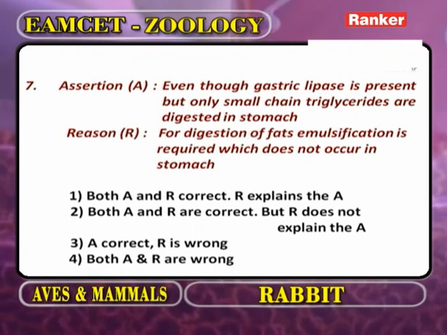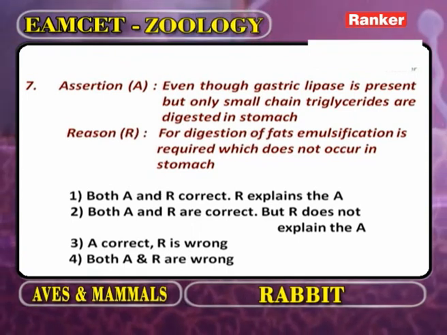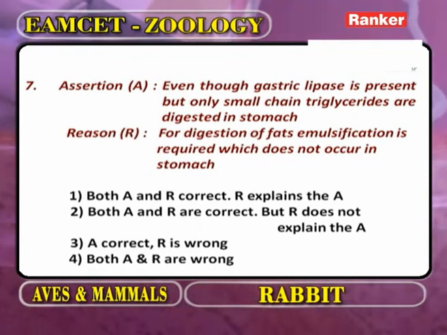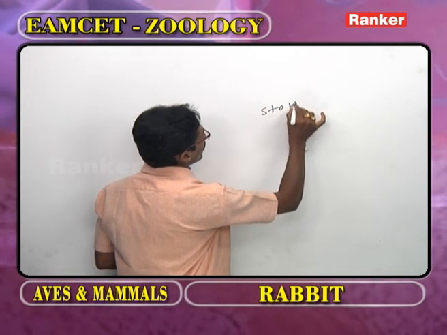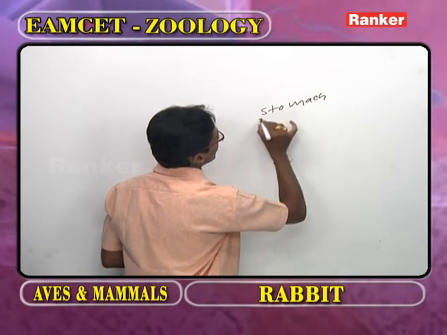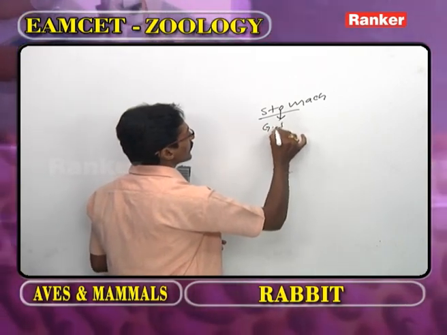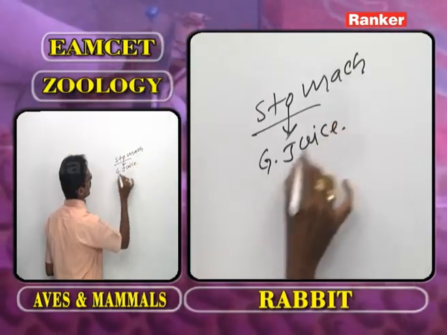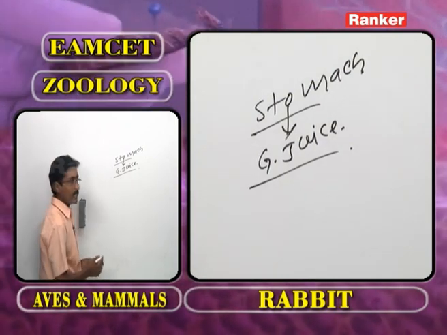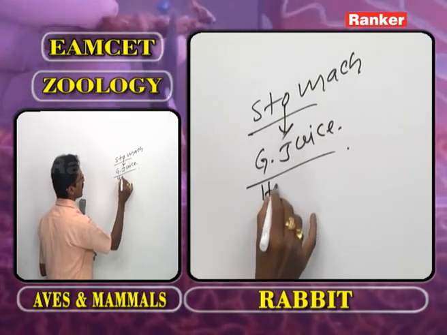Now, as we observe the physiology of digestion, the largest part is the stomach. In the stomach, what type of digestive juice is present? The gastric juice, we know very well. What are the components of the gastric juice?